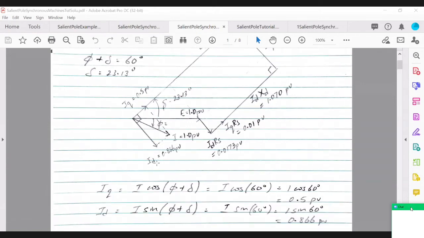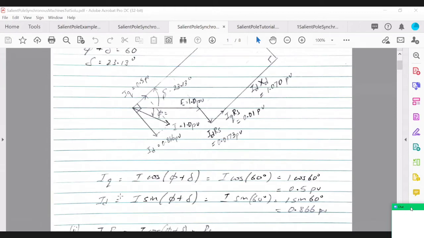Now using the data provided, we can write ID and IQ in terms of the stator current. Remember that it's just resolving this phasor here. IQ will be this current resolved using the angle phi plus delta, so I cos(phi plus delta) gives you IQ, and I sin(phi plus delta) gives you ID.